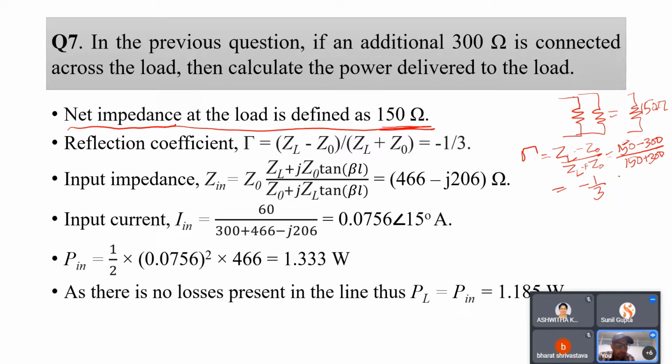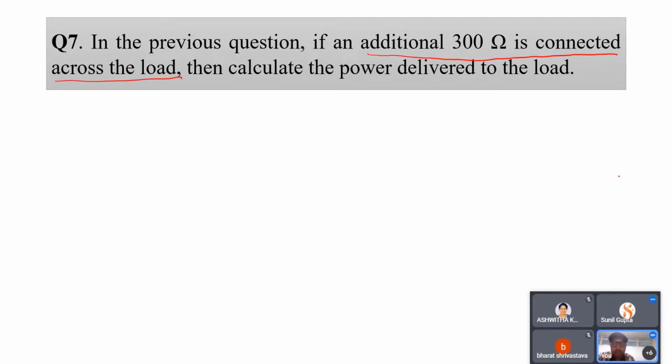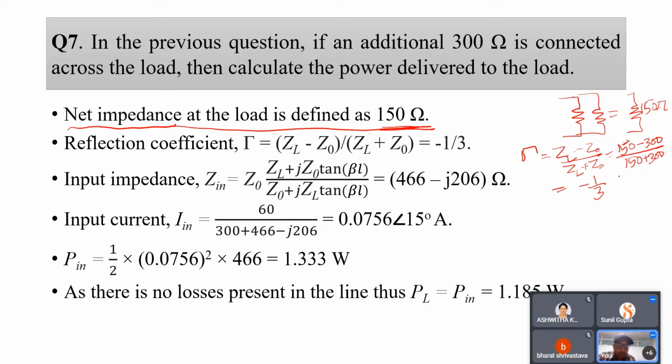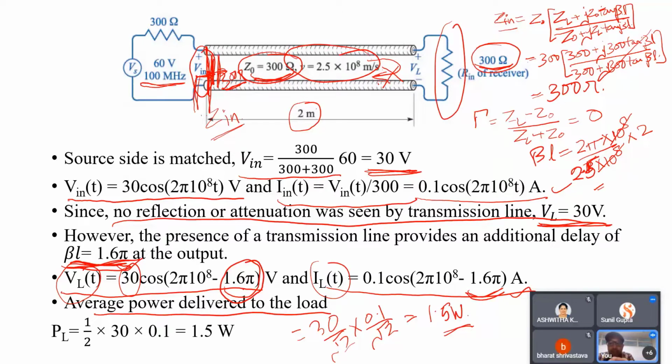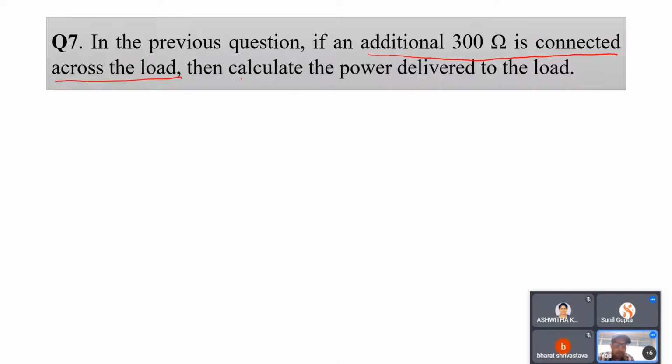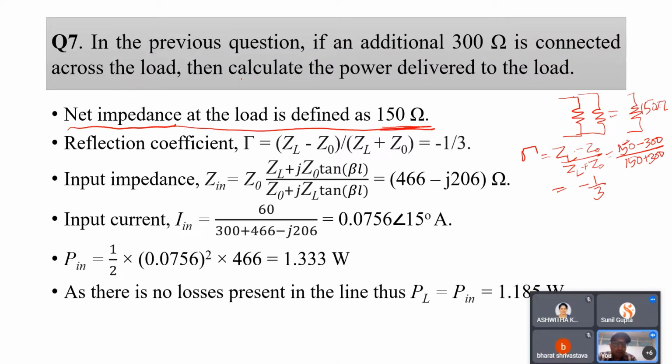Before calculating how much power has been obtained at the load end, you have to first calculate the input impedance. Earlier we found that the input impedance was 300 ohm, but here as the load has now changed, you have to calculate the input impedance again. It will not remain the same as 300 ohm.